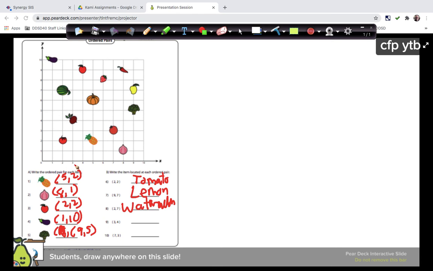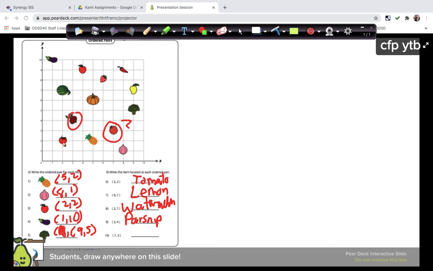3 over, 3 up 4. Is that a parsnip? I think maybe it is parsnip, or an onion. It's this one right here. And then 7.3 looks like maybe another tomato, but I'm not sure what that is.